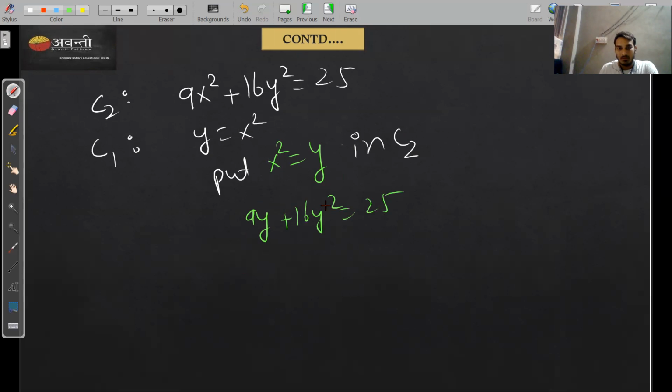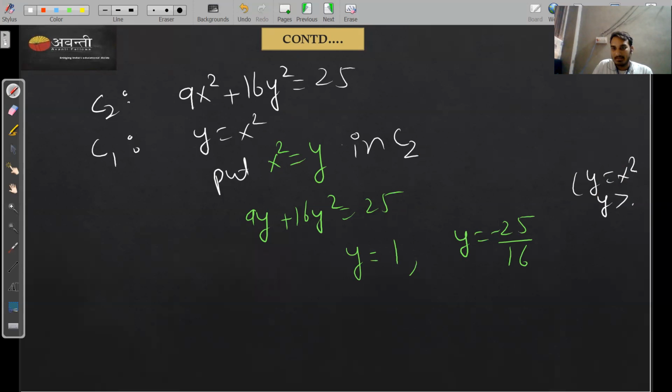Yes or no? So what you get is y is equal to 1 and y is equal to minus 25 by 16. Okay, so tell me, is y equal to minus 25 by 16 acceptable or not? See, y is x square, so y is always greater than or equal to 0, right?